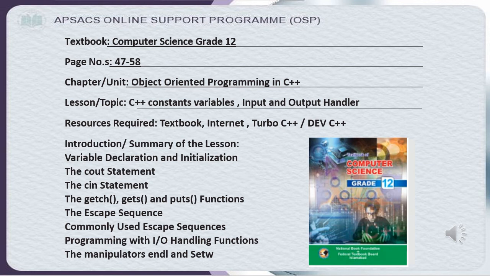Today we are going to talk about variable declaration, initialization, cout statement, cin statement, getch function and getche function, the difference between getch and getche function, gets and puts function, and escape sequences like \n, \t.